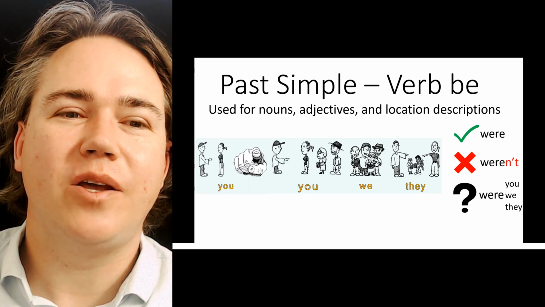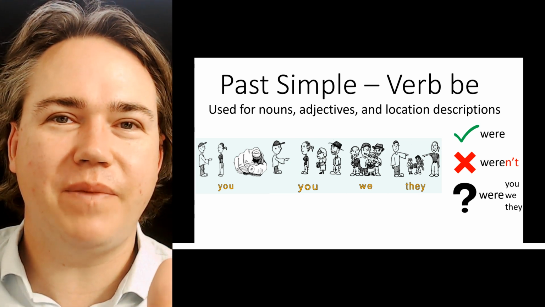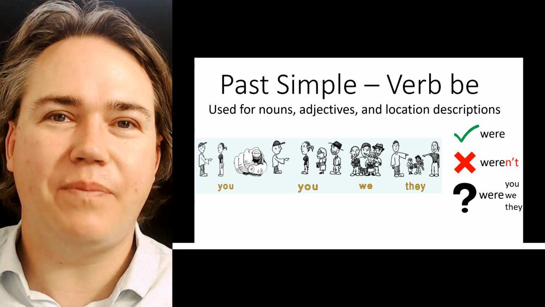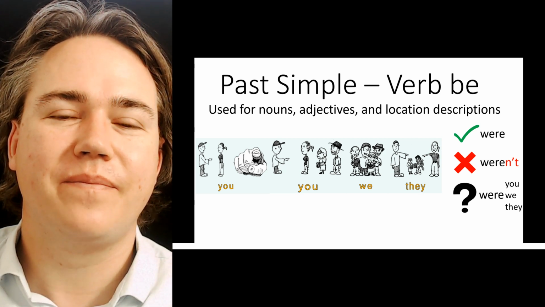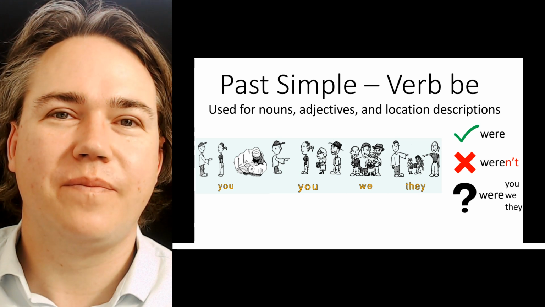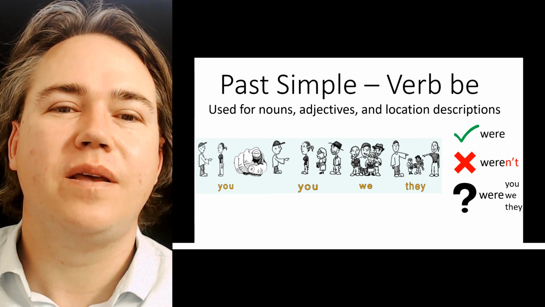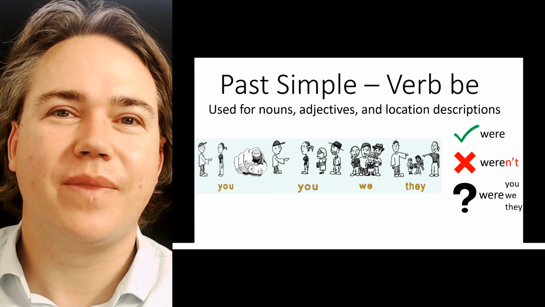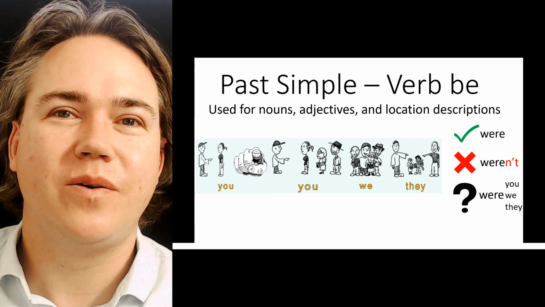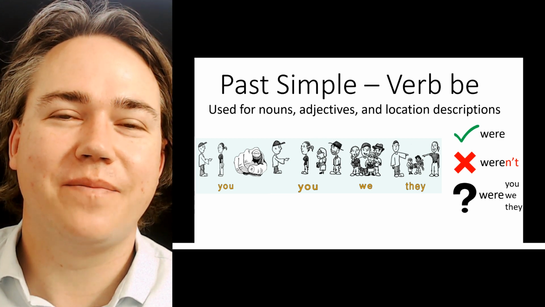You can say, you were, and you can be for you one person in front of me, or you a group of people in front of me. We were, they were. You weren't. We weren't. They weren't. Were you? Were we? Were they?